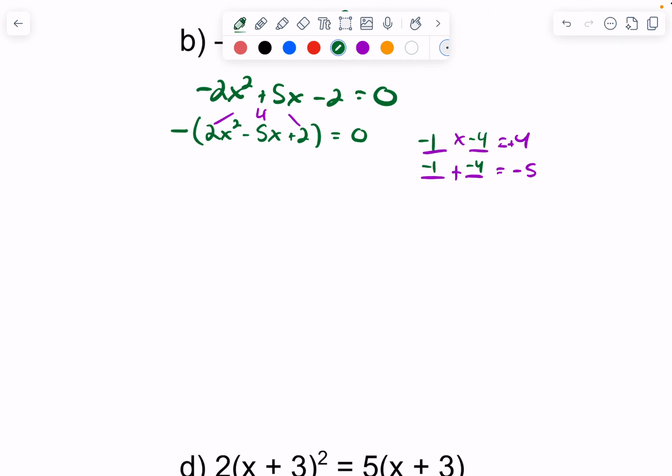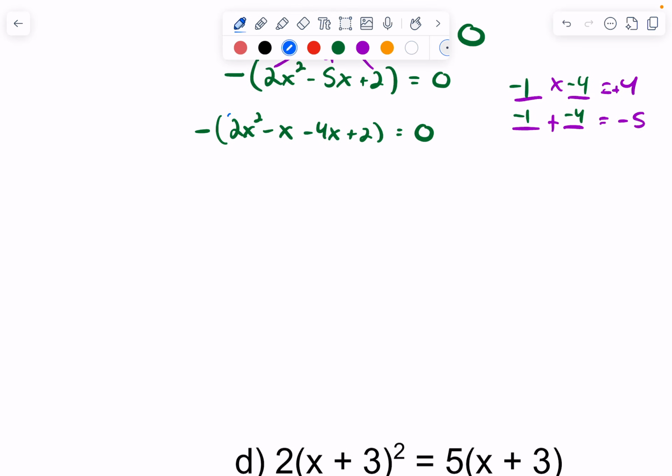So then I can decompose that middle term. The negative is still out front. So instead, now this is minus 1x, or minus x, minus 4x plus 2, still equal to 0. Okay. Now do your grouping and take out your GCF from each one of those brackets. So from the 2x squared minus x, we can pull out an x, and that would leave us with 2x minus 1.